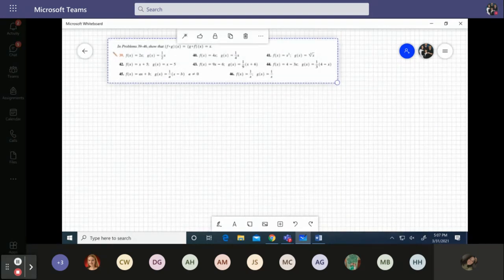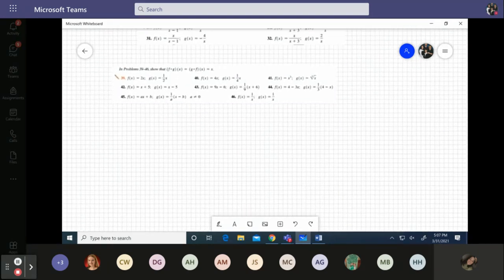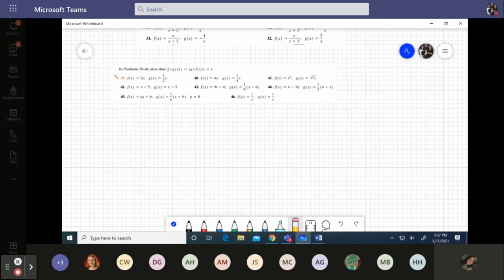So all I'm going to do is look at what it says in the directions. I'm going to say, does f of g of x equal g of f of x? My answer is going to be yes if they both simplify down to x.